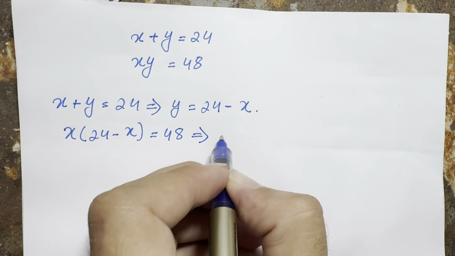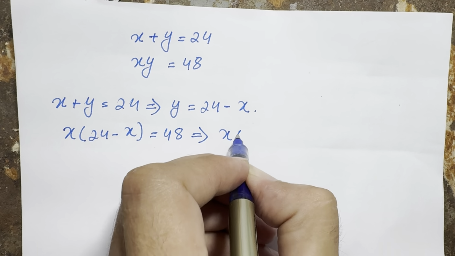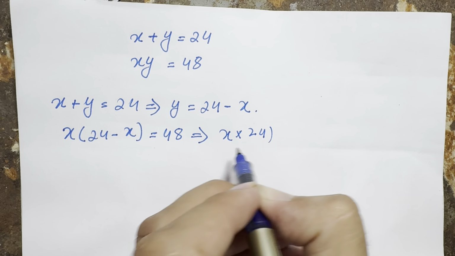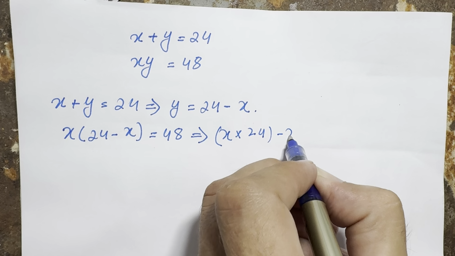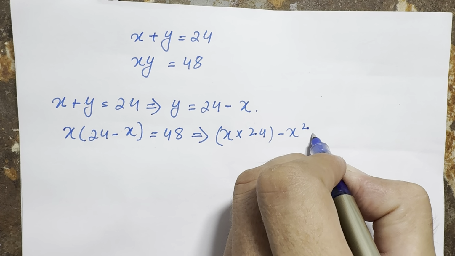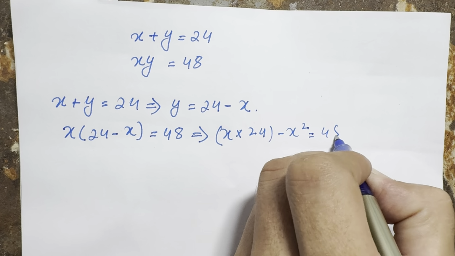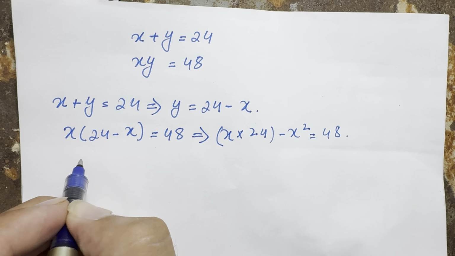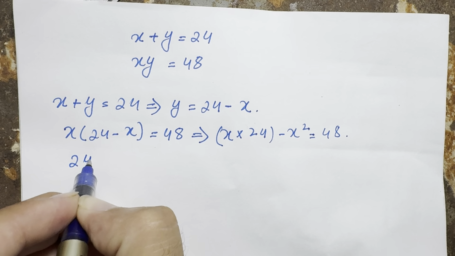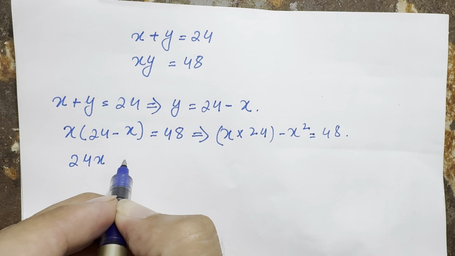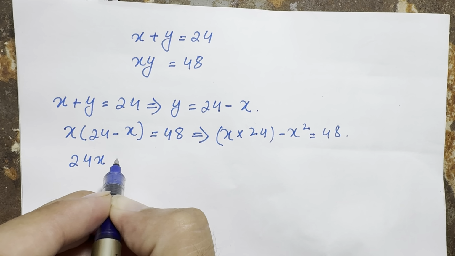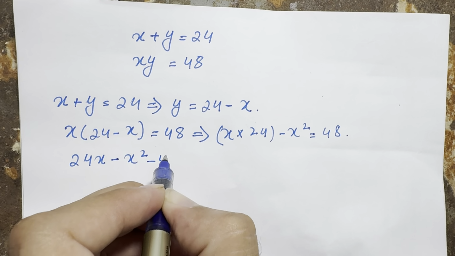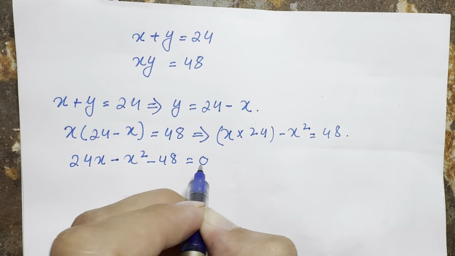So this will be x multiply 24, okay, negative x square, equal to 48. Okay, so 24x, and minus x square minus 48 equal to 0.